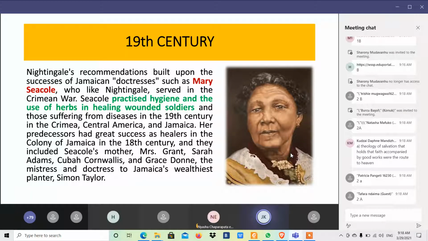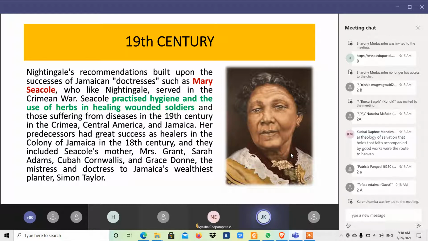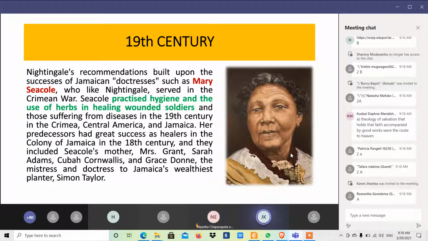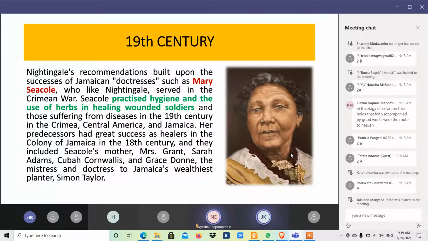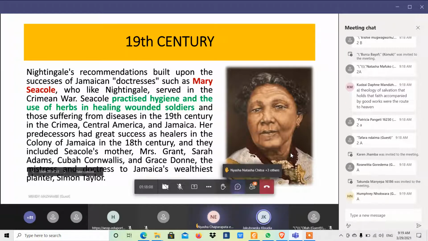So it's answer number A, and we have this information here on this slide. The Catholic elites provided hospital services because of the theology of salvation that holds that faith accompanied by good works were the road to heaven. Okay, so number two, answer A.